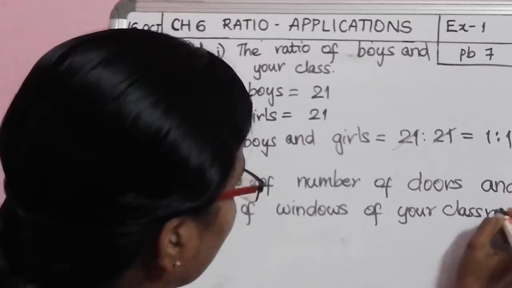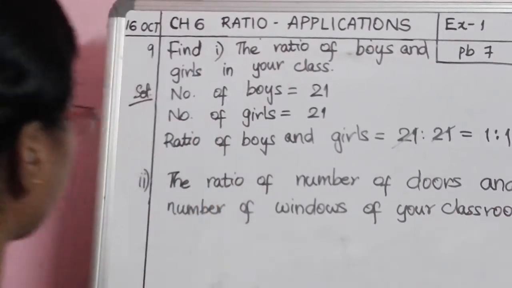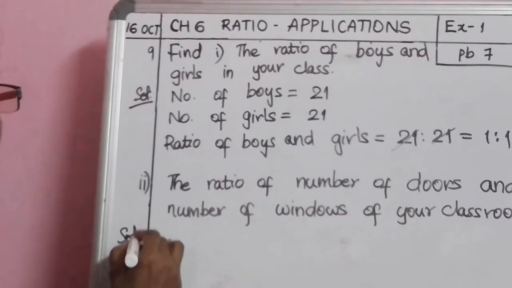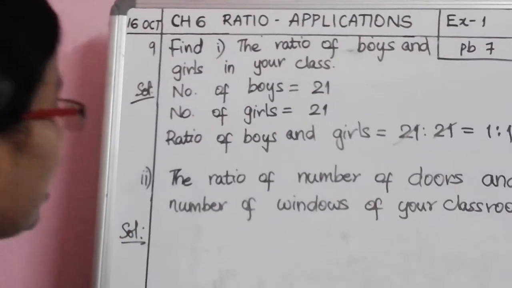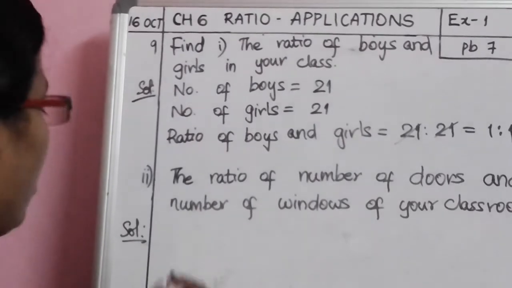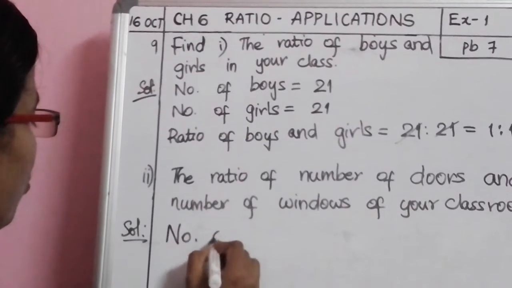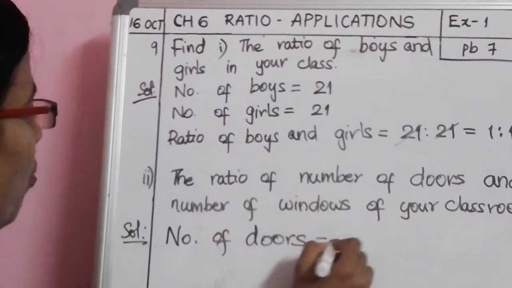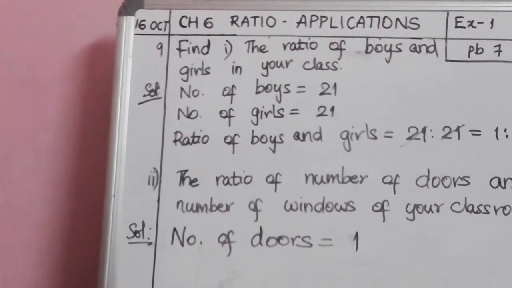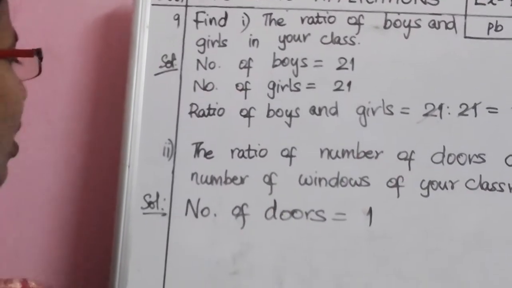Last year you were sitting in the classroom. This year unfortunately we are not able to meet in the classroom. But you remember last year's classroom, how many doors were there? In almost all the classes there is only one door. Okay, number of doors equal to 1.